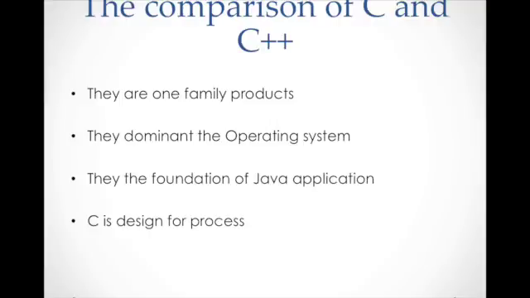So they are also the foundation of Java applications. I will talk about this later. Another thing, language C is a little different from C++ and Java because it is designed for the process.